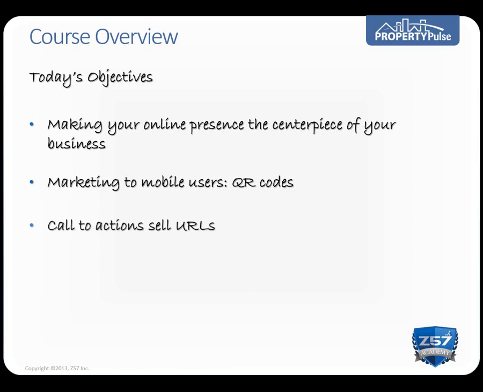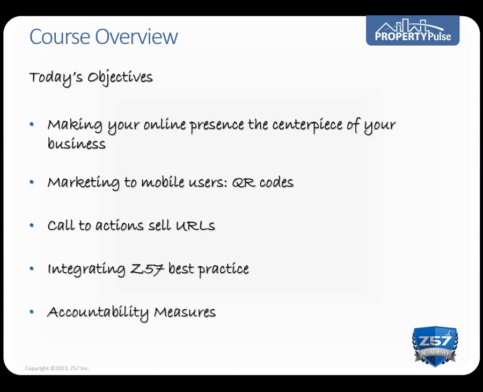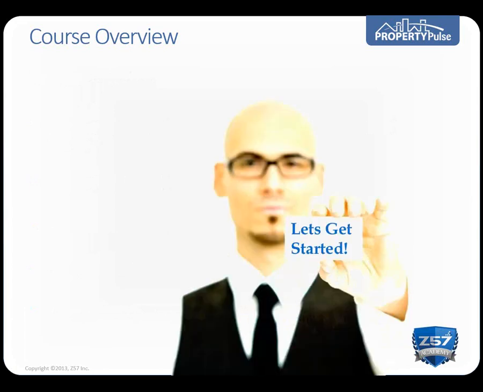Third, we'll look at several offline marketing examples to see why a call to action, coupled with your website or Facebook page URL, is a surefire way to generate results and increase the return on your marketing dollars. Putting our new knowledge into practice, we will review examples which integrate your online and offline marketing following Z57 best practices. Finally, we'll implement accountability measures. So let's get started.